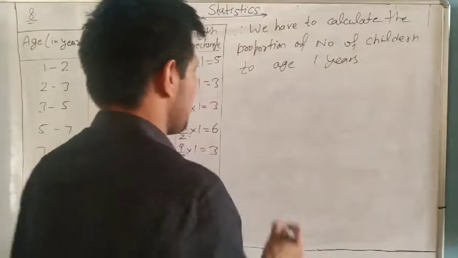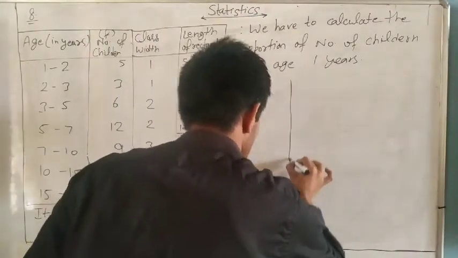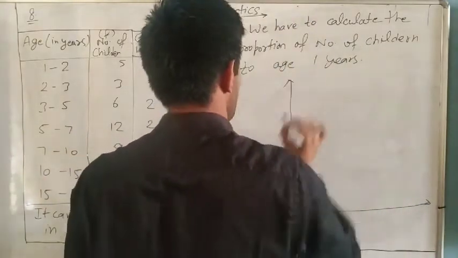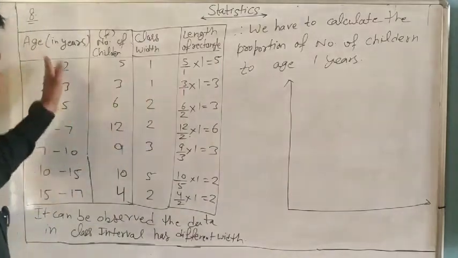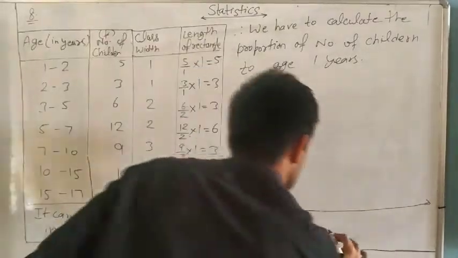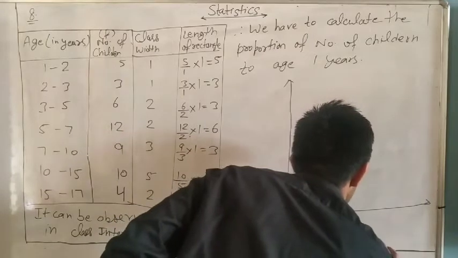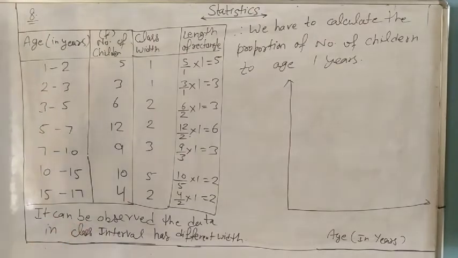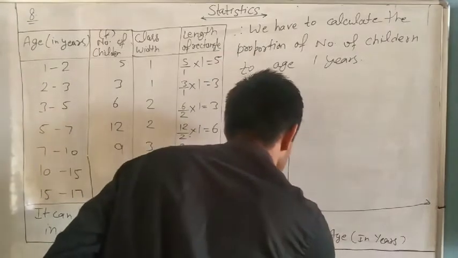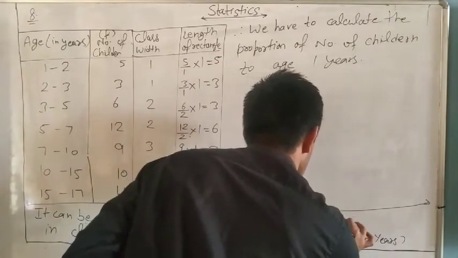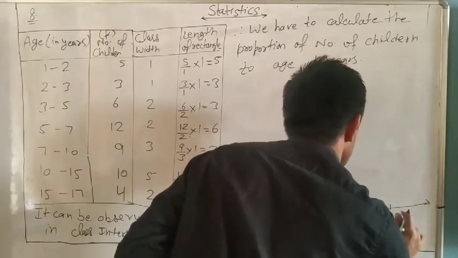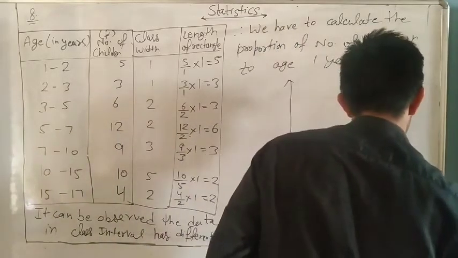Now we will draw the graph. Write here age in years. The classes run from 1 to 70, so you can make a gap of 2: 0, 2, 4, 6, 8, 10, 12, 14, 16 and 18.